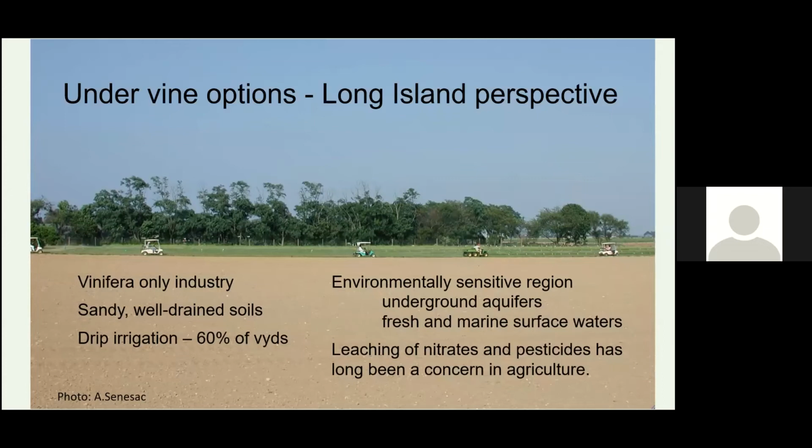Because we have these sandy soils, and because we derive our drinking water from underground aquifers, we have to be very careful how we farm on Long Island, because leaching of pesticides and nitrates has been a long-term concern in agriculture here. So we're probably one of the most environmentally sensitive regions in the country, and we actually have a very, very strict regulatory environment here, but it's necessary because of our region.